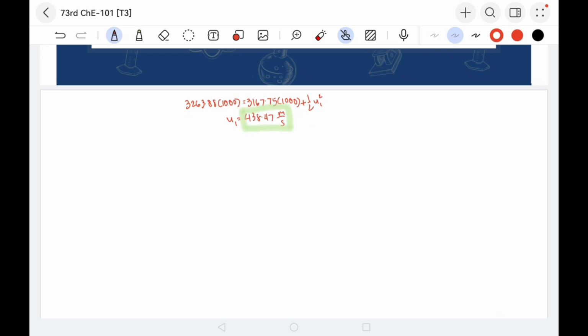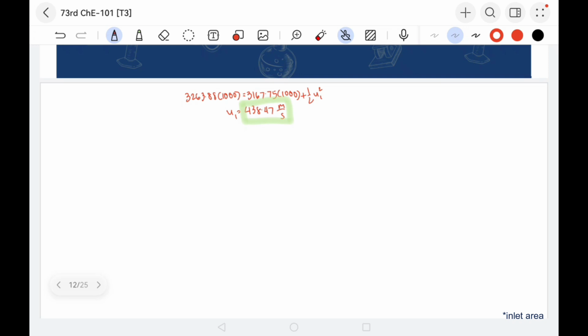So to solve for the other required, which is the inlet diameter, we will use the formula of mass flow rate, which is area times the velocity over the specific volume, which is also equivalent to area times the velocity times the density.